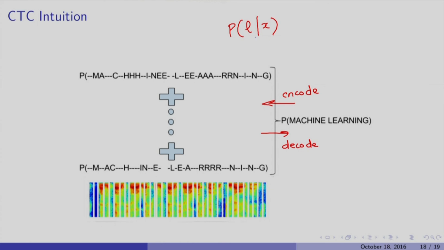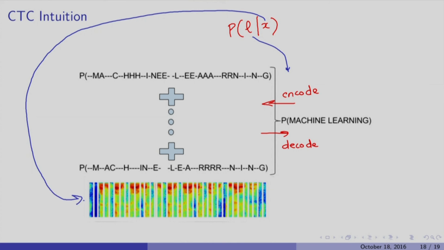Here L is this label, X is actually the input sequence shown below here, which basically corresponds to signals. But the way we are able to infer the right decoding is by looking at multiple probable intermediate outputs, which is what we call pi. So these form the pi's.